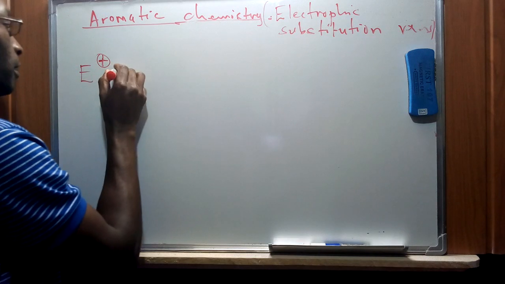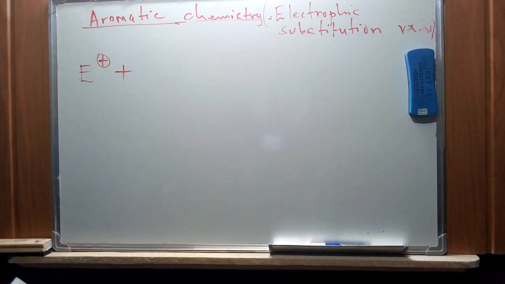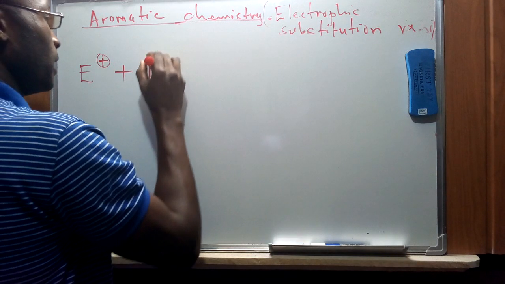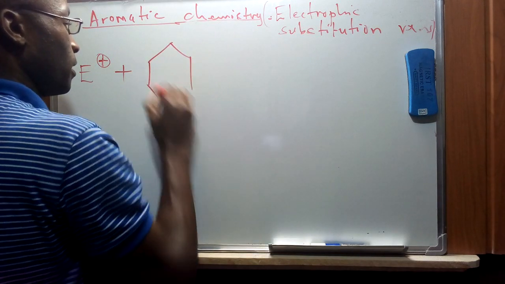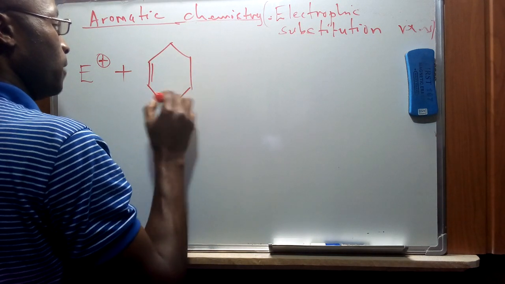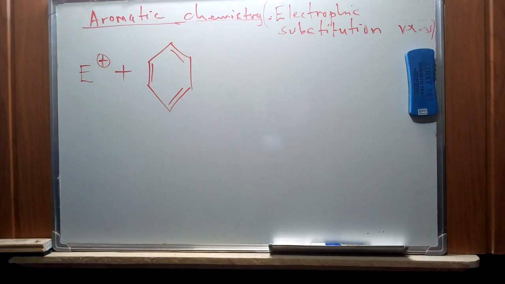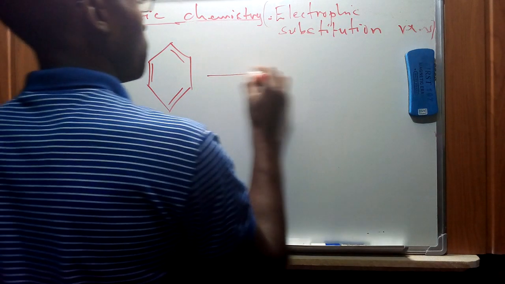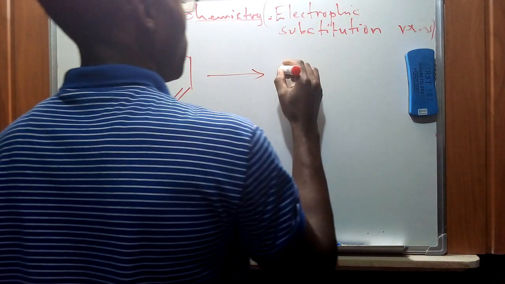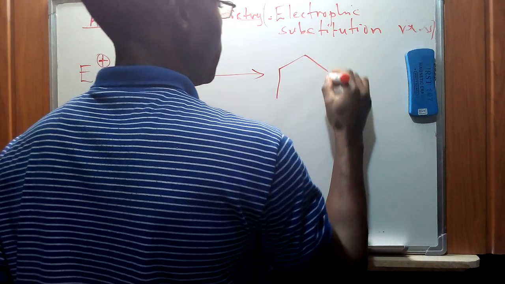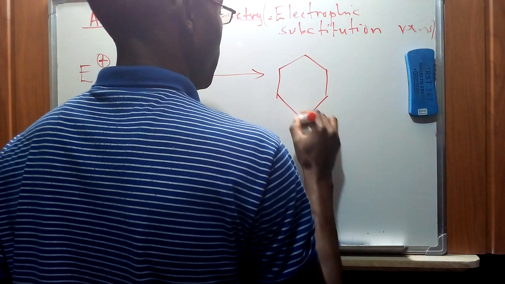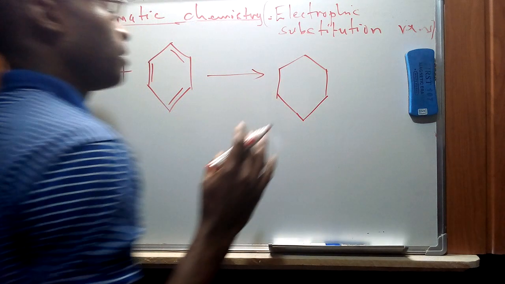So we shall use this symbol for the electrophile, and we shall have this benzene structure, keeping in mind that we're going to have a substitution reaction. Whenever I'm not showing the hydrogens at those specific points, we just have in mind that the hydrogens are there.